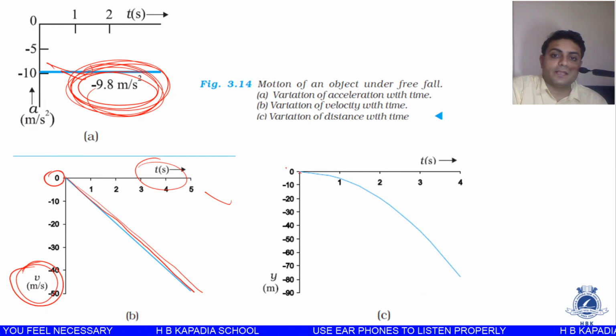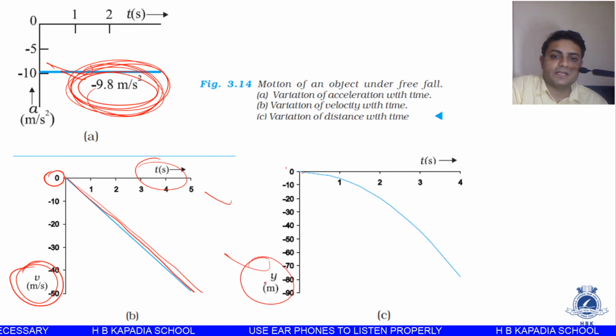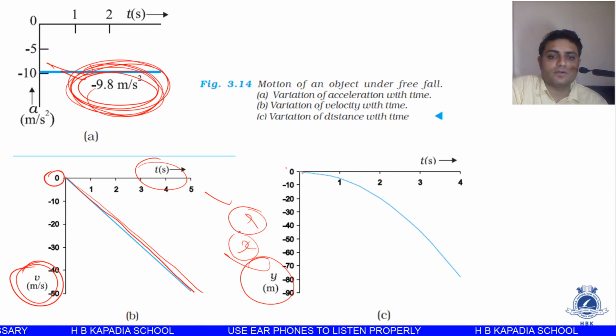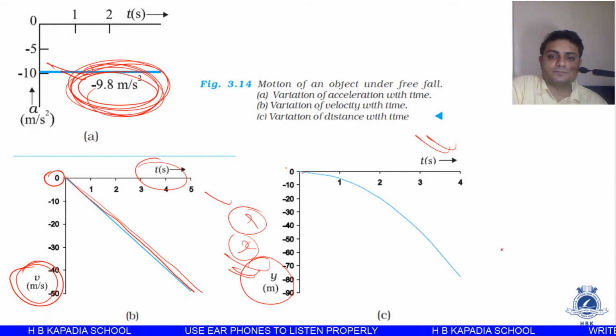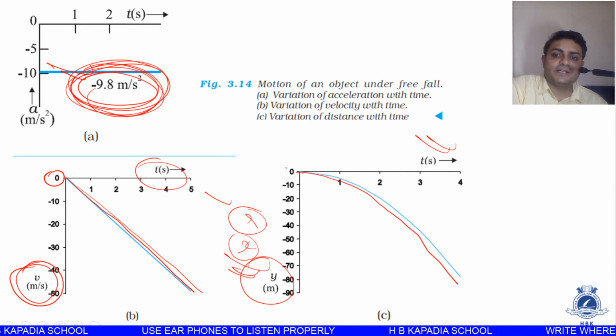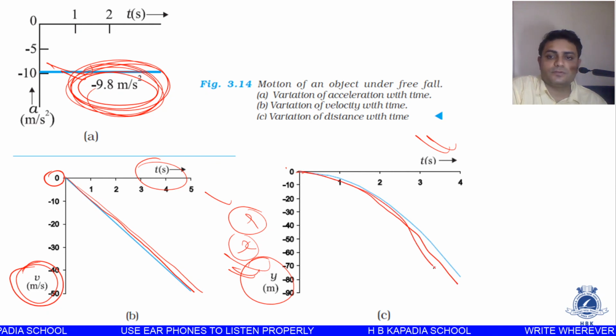And of course when the acceleration is there, then the graph of x versus t, over here they have taken y in NCERT, we can also take x or r, whatever we like. So if the y versus t graph is like this, we know that this is the graph for acceleration. It's quite simple.